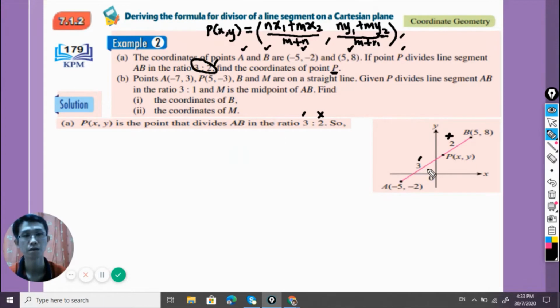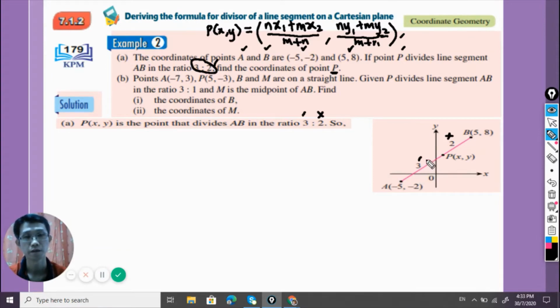But for this case, P divides line segment AB, so it goes from point A towards point B in the ratio 3 to 2.